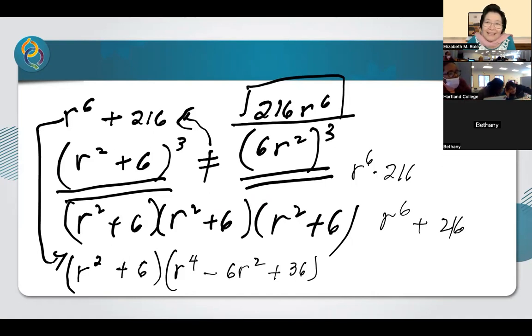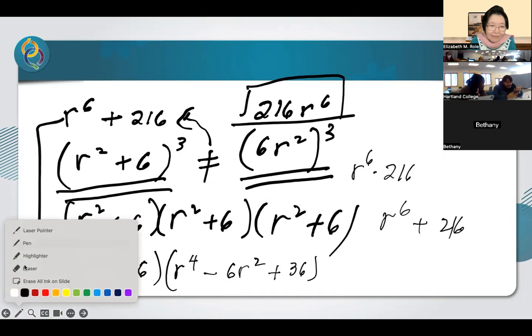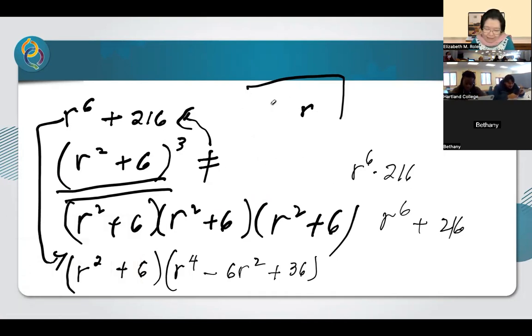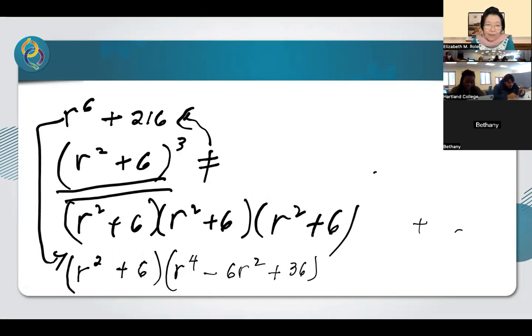I am only saying that when you said that r to the 6 plus 216, the factors are r squared plus 6 cubed, that's wrong. Let me erase the other thing so that it will be clear. I'm saying that r squared plus 6 cubed is not the same as r to the 6 plus 216.